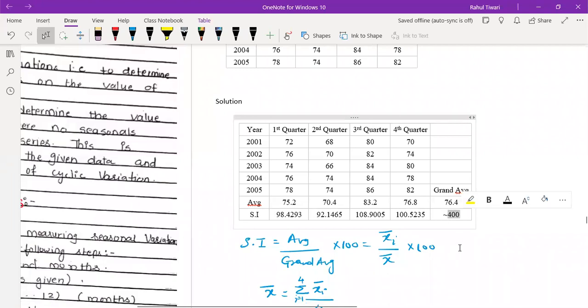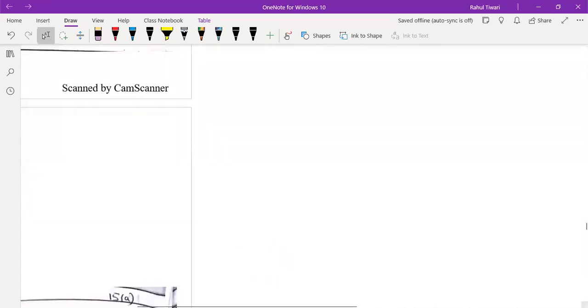When it is monthly data, it will turn to 1200. Remember, if it is yearly data, it is turning to 600. But usually we have quarterly data, so make sure that it is always coming near to 400. But if it is not coming, then we need to use adjusted seasonal indices, that I will tell you how to use.